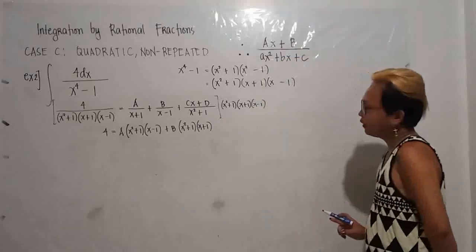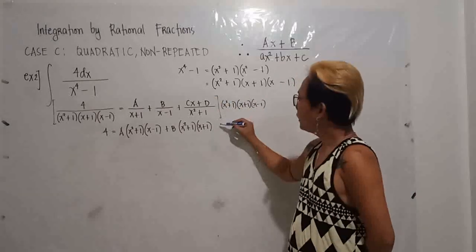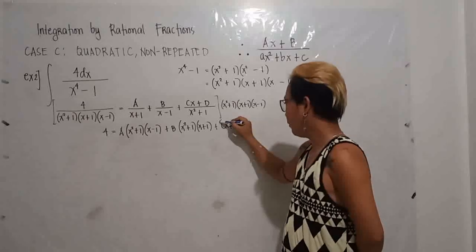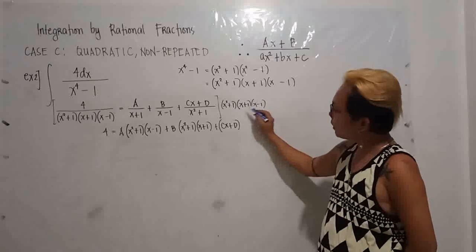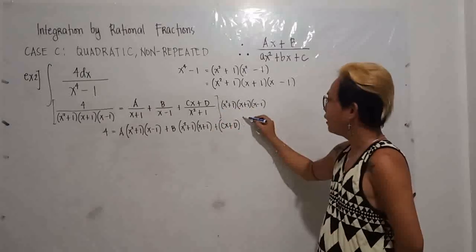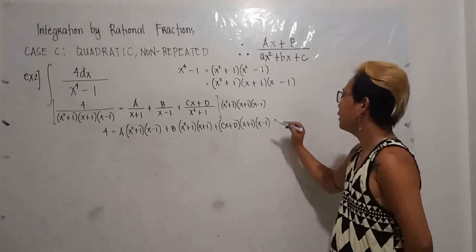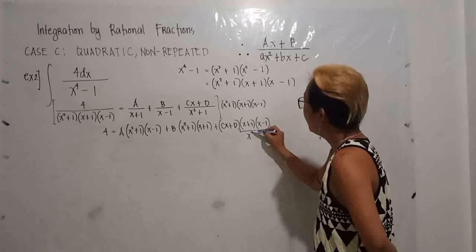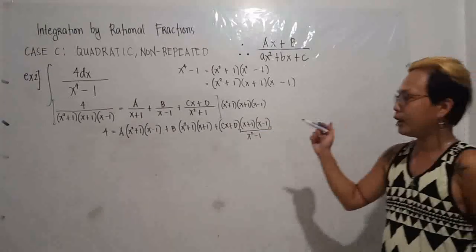What remains is x squared plus 1 multiplied to x plus 1. Okay? Next, for the third term, you will now have Cx plus D. Then multiply to x plus 1 and x minus 1, kasi makakancel si x squared plus 1. So we will now have x plus 1 multiplied to x minus 1, which is equivalent to x squared minus 1. Then simplify the first equation.